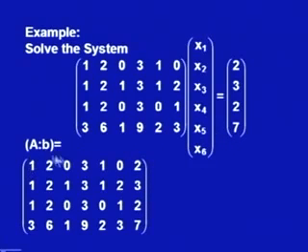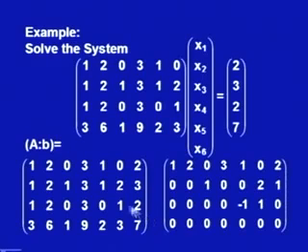In this system, if I consider the augmented matrix A colon B, this is the coefficient matrix, and here I have added the column vector 2, 3, 2 and 7. I can apply elementary transformations, and this can be reduced to this. This can be done very easily.